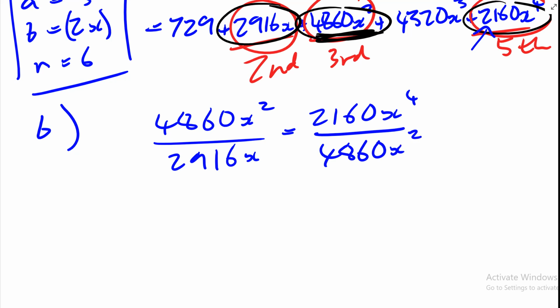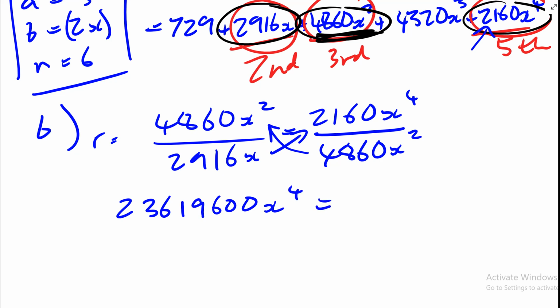You could write out the terms if you like again, but it would give you this when you divided successive terms, because that's how you would find r, is to divide the successive terms. So we want to solve this. We cross multiply, that can go up there, that can go up there. We're going to get some big numbers here: 23,619,600 will equal 6,298,560 x to the power 5.